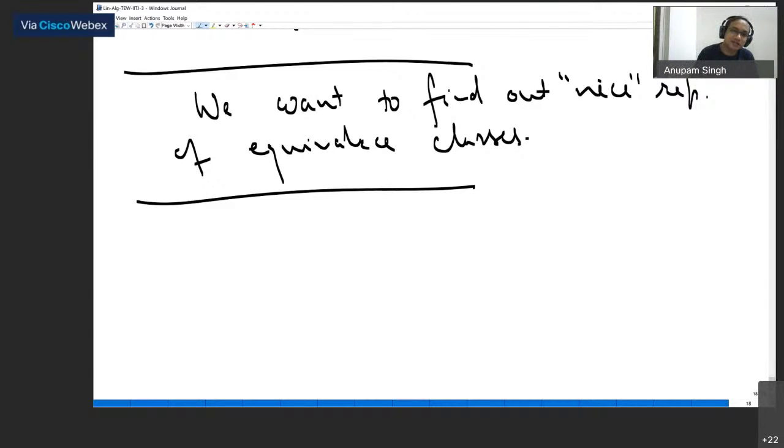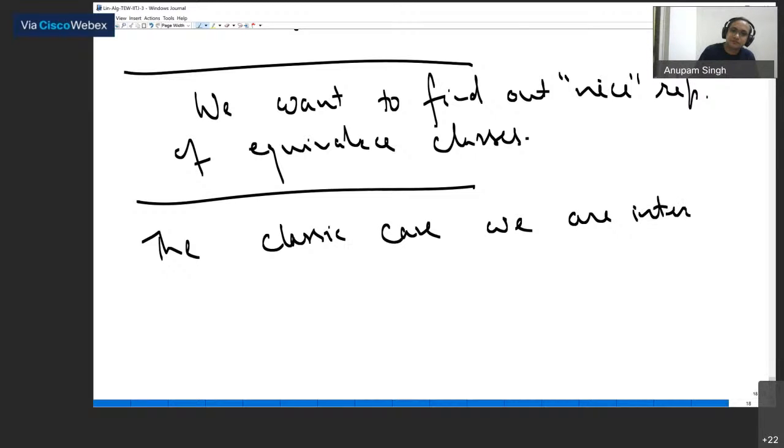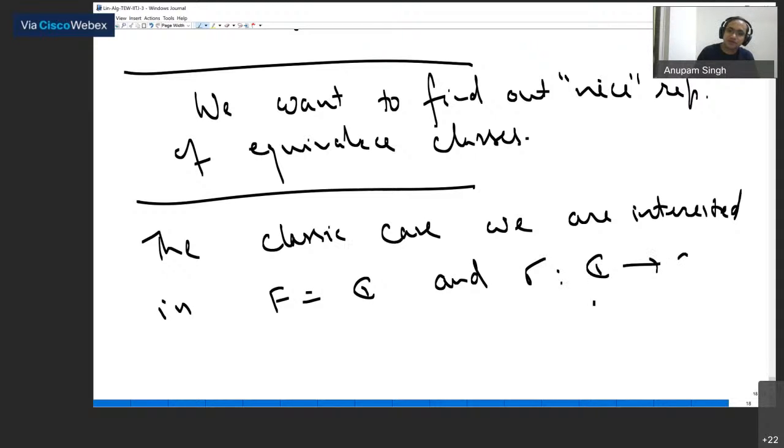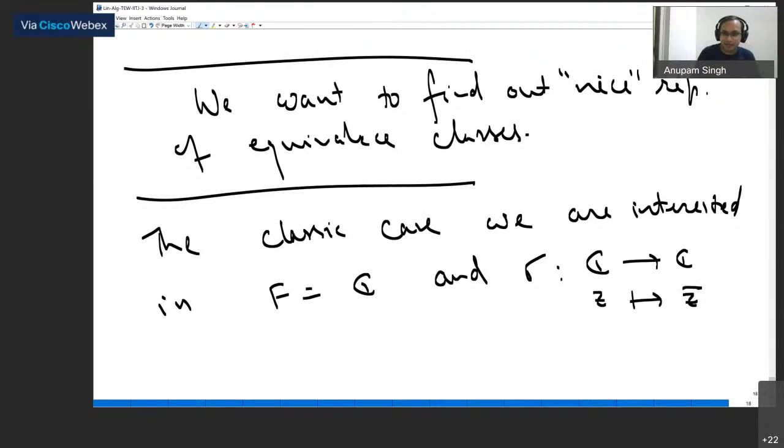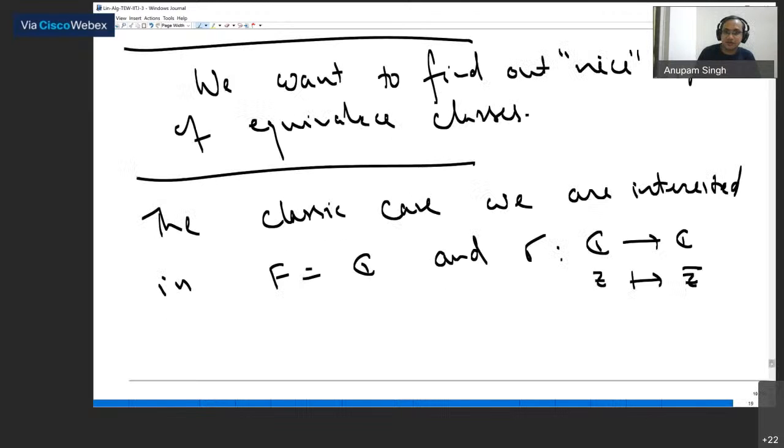So the classic case: we are interested in F equal to C, and sigma from C to C is the complex conjugation, z going to z bar. And the field K here will be R. So C is an extension of R here.